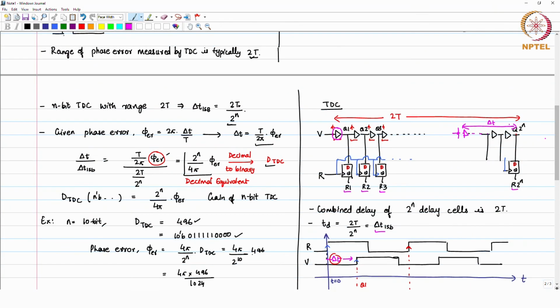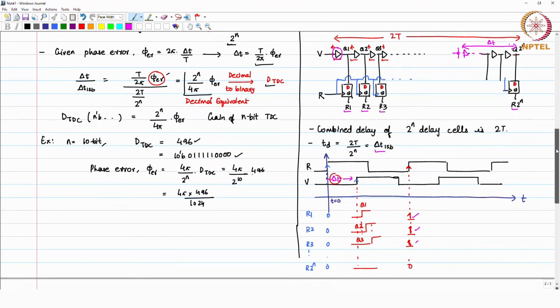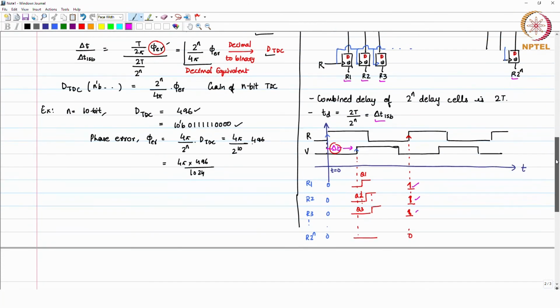There are multiple ways in which you can implement the TDCs. Okay. You can always refer to the literature for that.